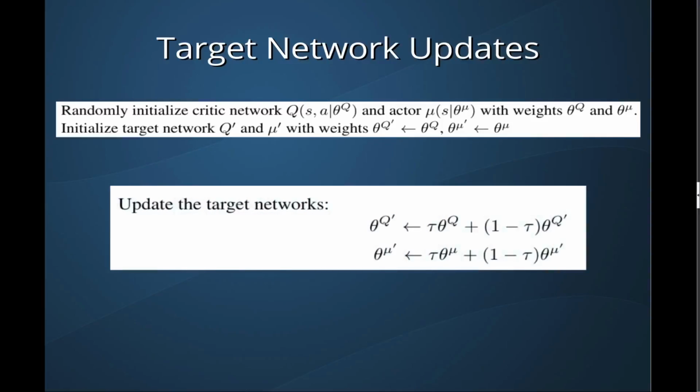So here you have the two parameters, theta super Q prime, the weights of the target critic network, and theta super mu prime, which is the weights of the target actor network. You're going to update those with tau multiplied by the respective value of the online network, the critic or the actor, and add in 1 minus tau times the current value of your target actor or target critic network.